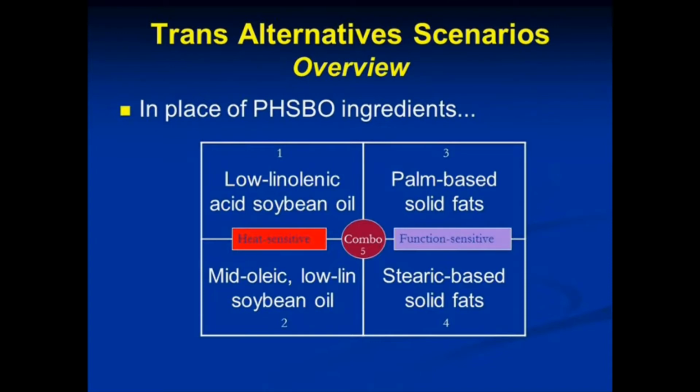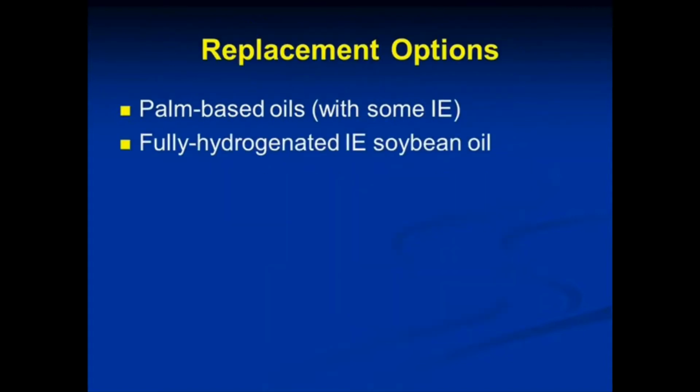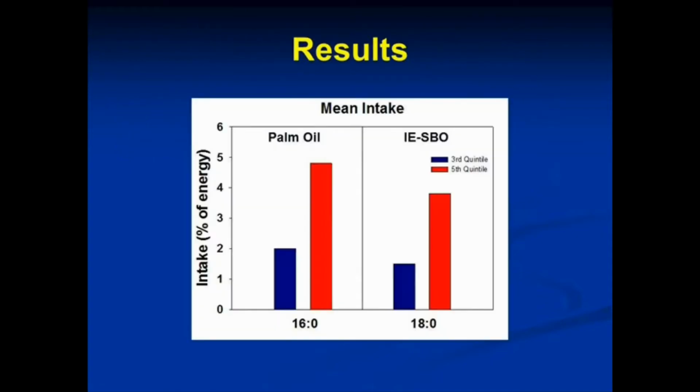So the modeling exercise continues, making some decisions about what sorts of compositions of palm-based oils and fully hydrogenated interesterified soybean oils are going to be in those different applications, because they're going to be different for yeast products versus popcorn. And when it's all said and done, these are the sorts of numbers.